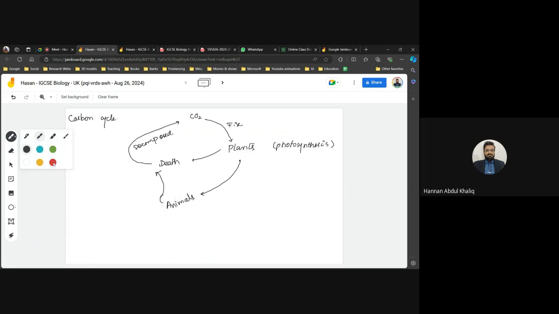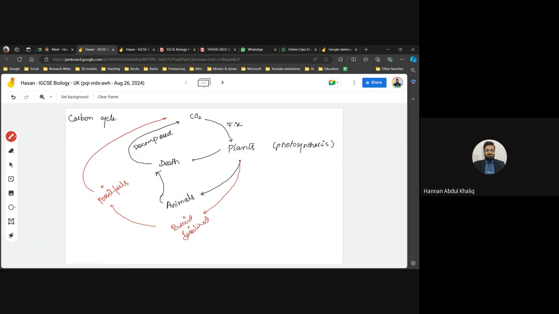But remember that there is another possibility, and that is the ancient plants are buried and fossilized. Once they are fossilized, they are burned as fossil fuels in the industry, and then the carbon dioxide also returns through this.